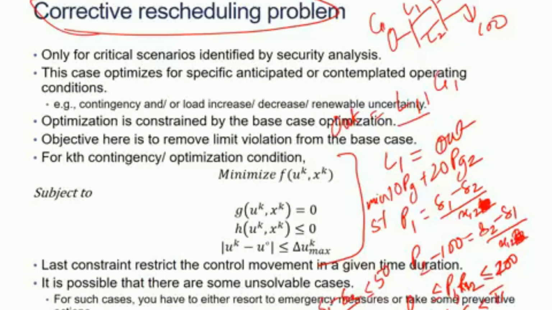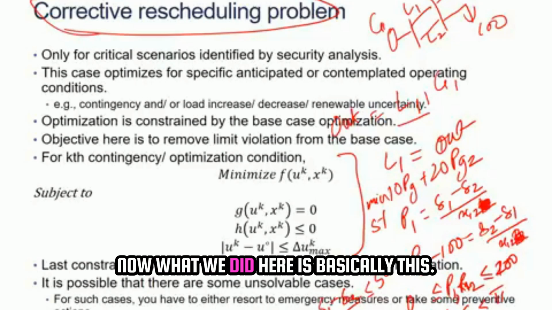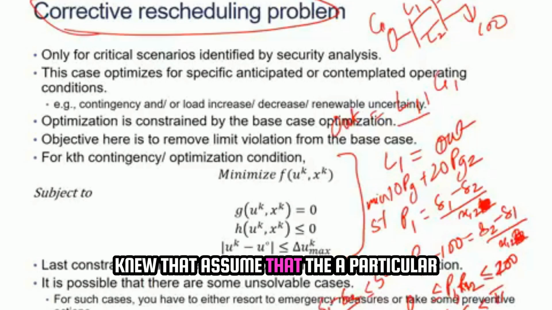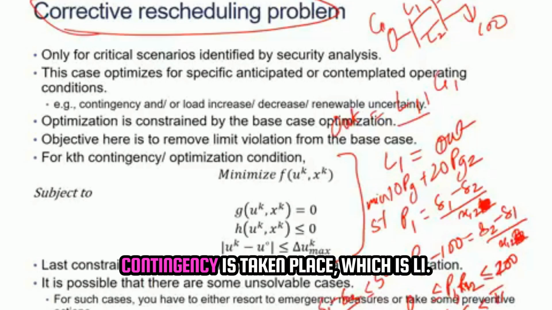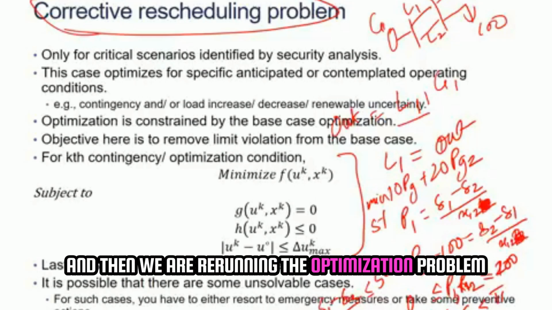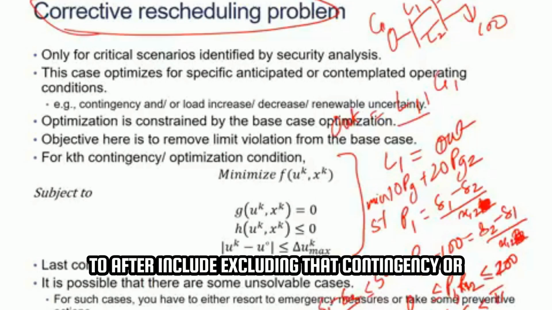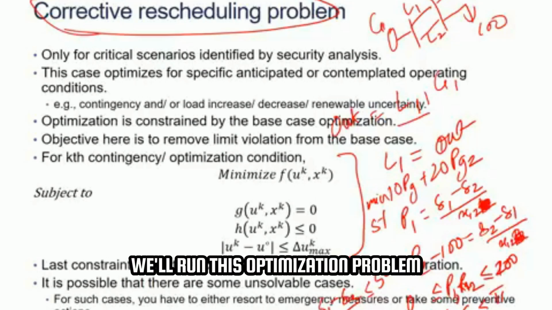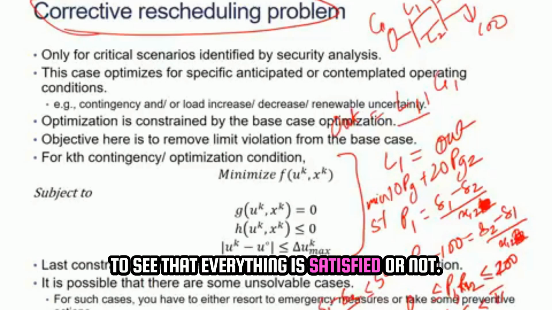Right? Now, what we did here is, we assumed that a particular contingency has taken place, which is L1, and then we are rerunning the optimization problem after excluding that contingency, that line or that generator, to see whether everything is satisfied or not.